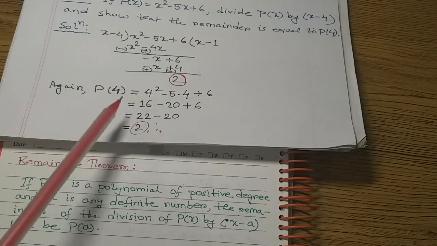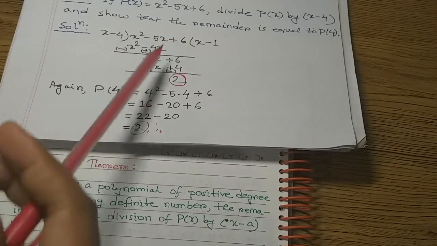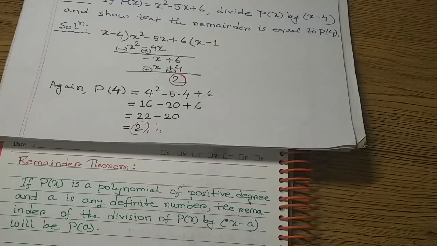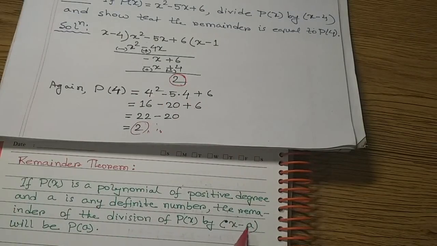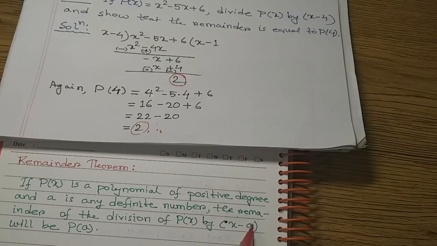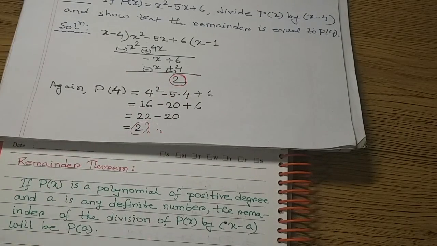Here we got the remainder by the normal division method, and if we consider this theorem, we take this value a from x minus a, find the value of the polynomial for it, and we get it equal to the remainder. That is the theorem.